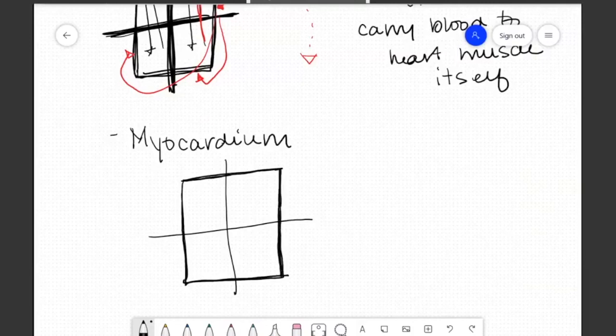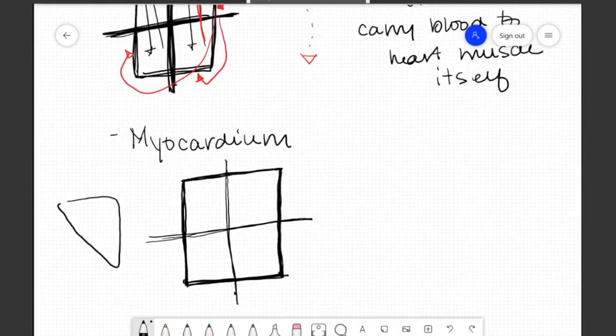This is your interventricular septum, and this is mainly going to be made up of the valves. But your heart muscle is essentially the outside structure of this. So your heart muscle is the outside.